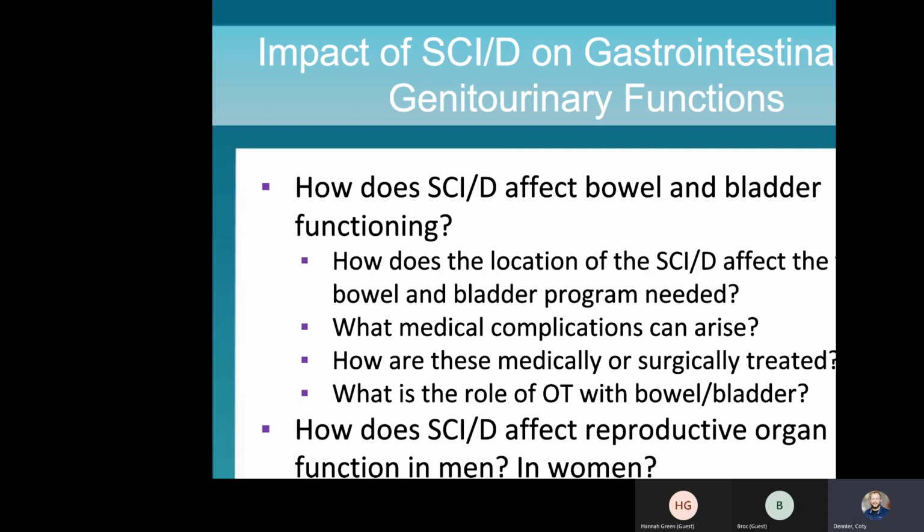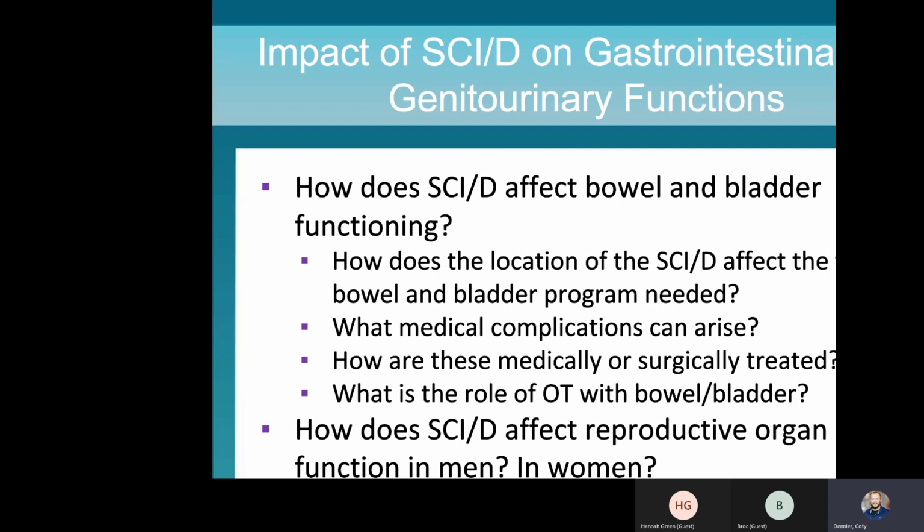All right, so spinal cord injuries and reproduction. There can be a lot of different issues that will affect reproduction or sexual activity with a spinal cord injury. Bowel and bladder incontinence is one big one that I can think of. Urinary tract infections are another.